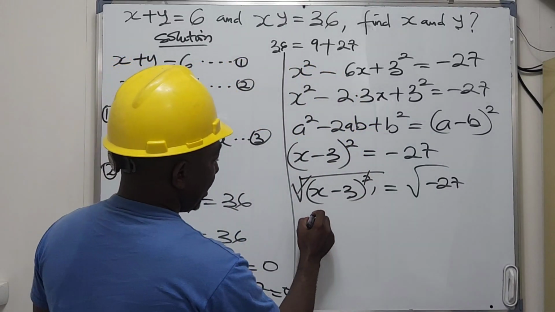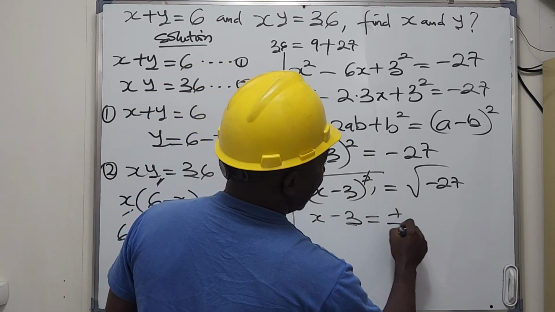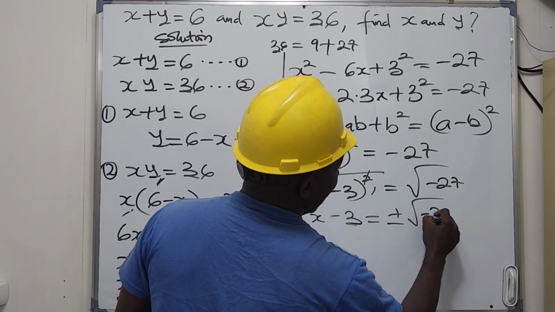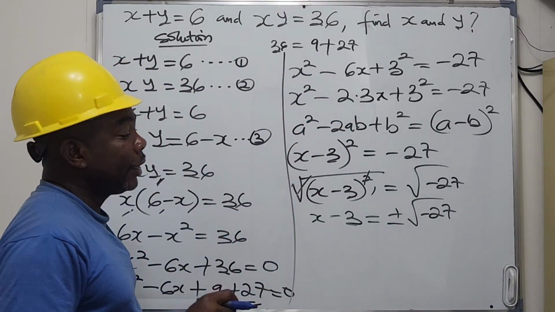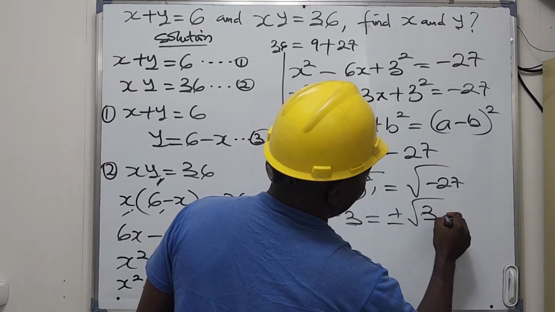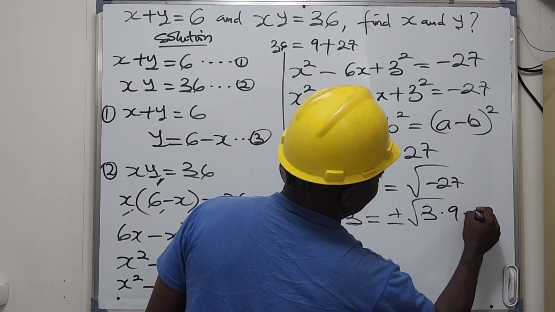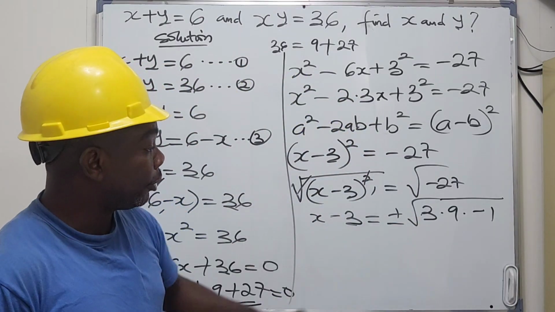We are now left with x minus 3 equals plus or minus the square root of minus 27. The square root of minus 27 is the same thing as the square root of 3 times 9 times minus 1. So this is what we have on the other side of the equation.